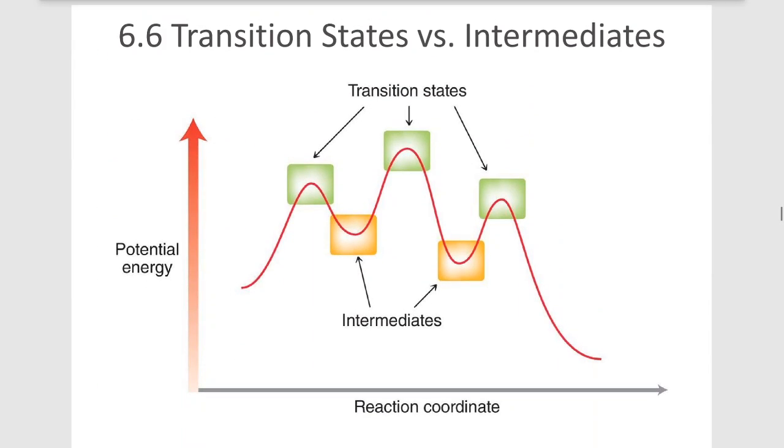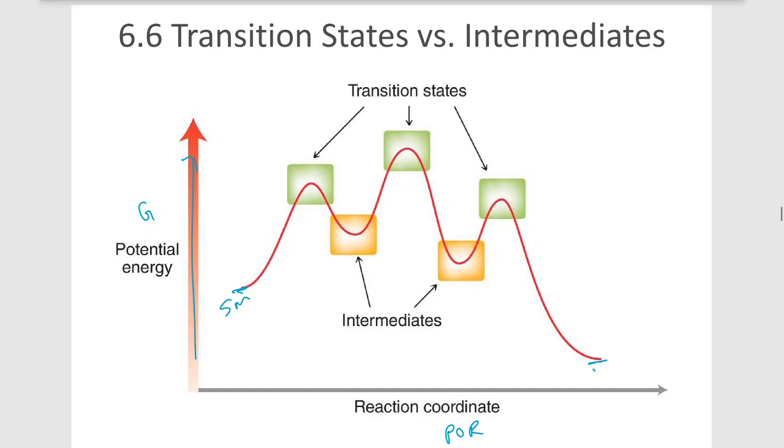In reality, we're probably going to form both sets of products, but we get a competition between those things. As we look at energy, generally this is G, free energy, but it could be enthalpy as well. Sometimes we look at enthalpy versus progress of reaction. We can go through a lot of different pathways to get from starting materials to products.